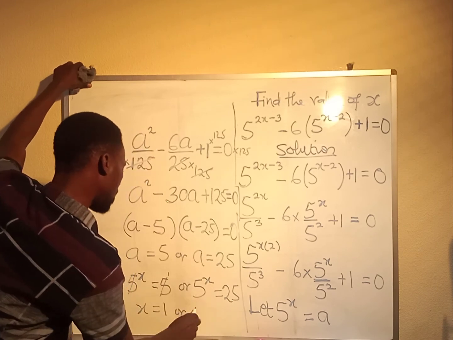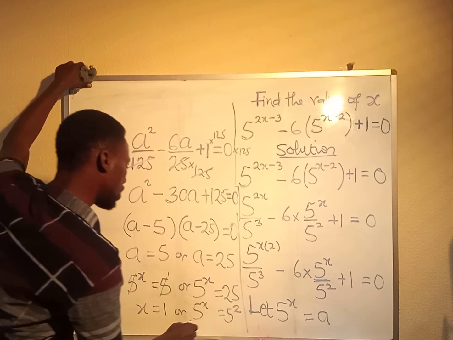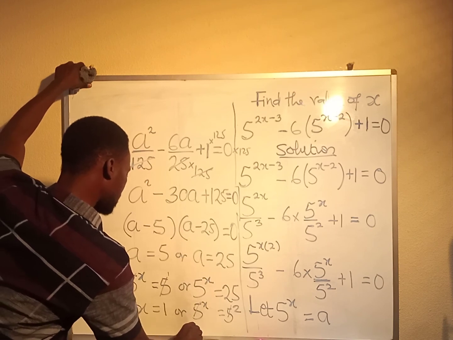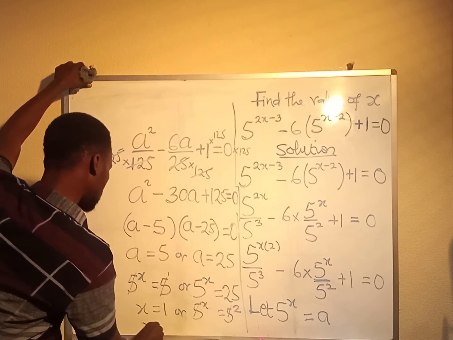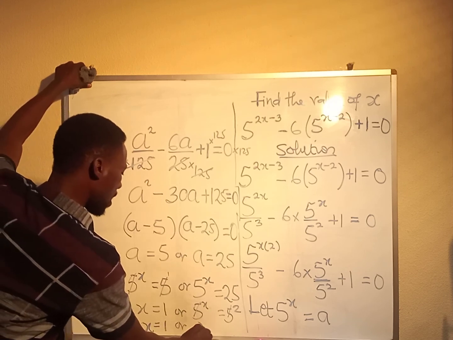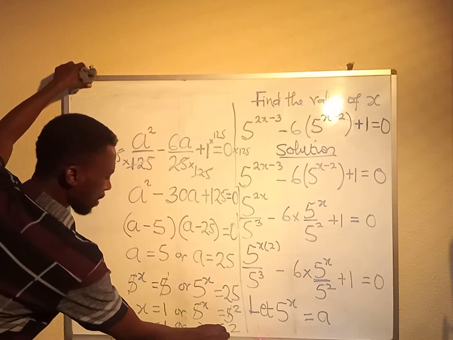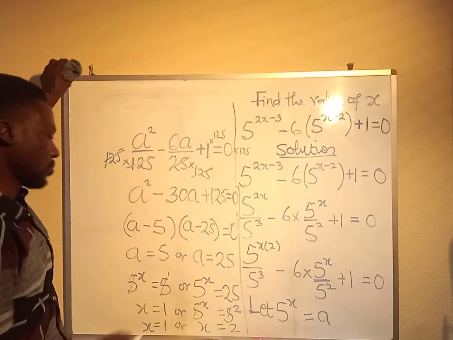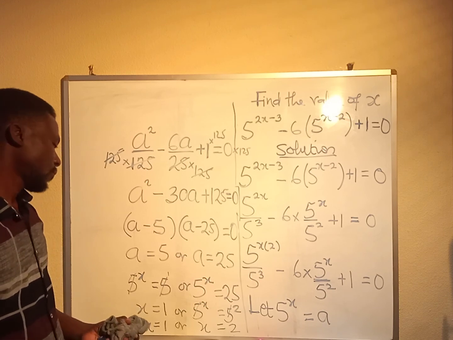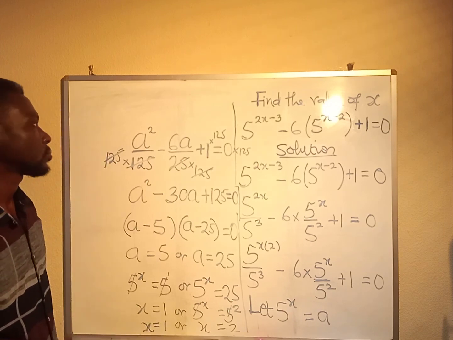So we shall write here x is equal to 1, or x is equal to 2. All right, so this is what we have. These are the answers to the value of x. So the value of x is two values. That is, x is equal to 1, or x is equal to 2.